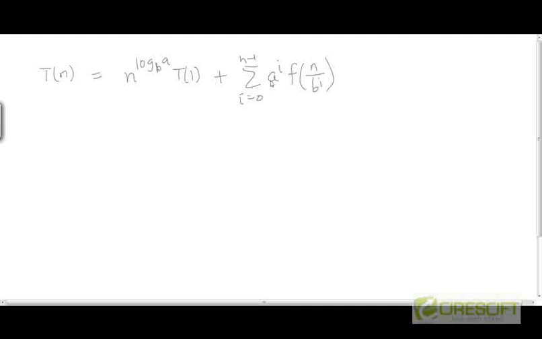Well, it's not clear that we'll be able to do that, at least in an easy way, because this series has the form f of n plus a times f of n by b plus a square times f of n by b square, and so on.